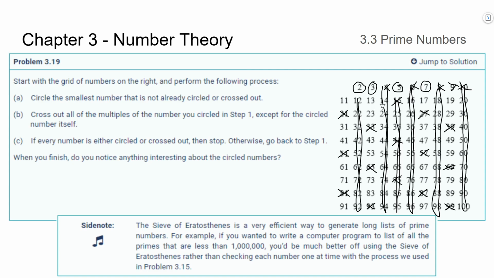So we have 7, 14, 21, 28, 35, 42, 49, 56, 63, 70, 77, 84, 91, and 98, and we're done.